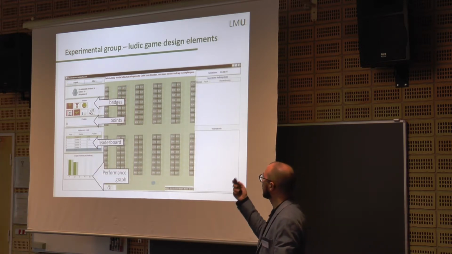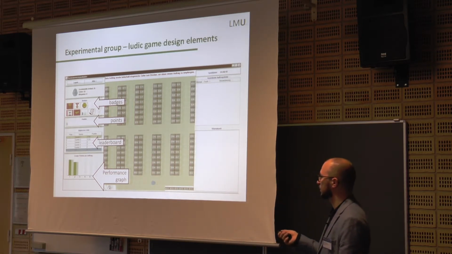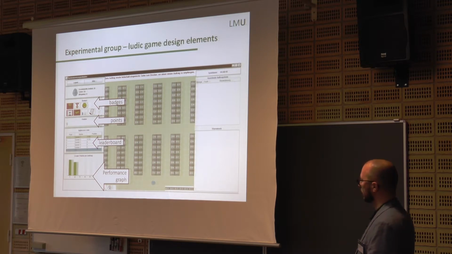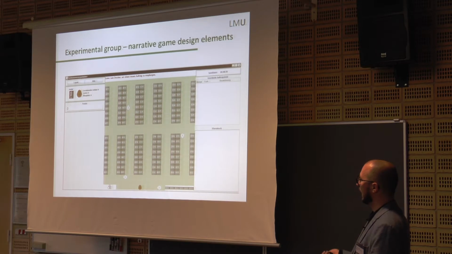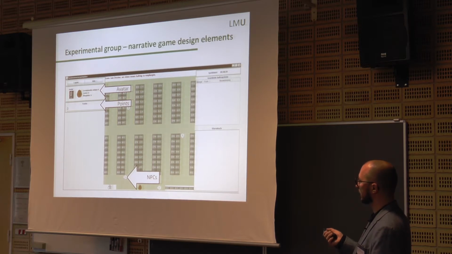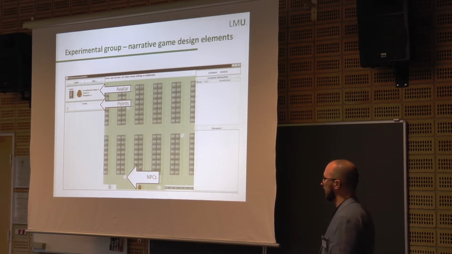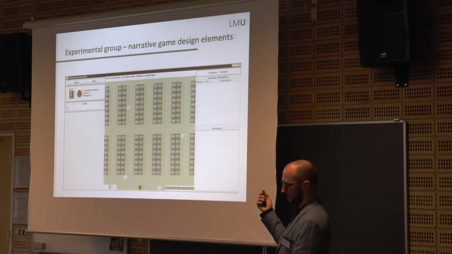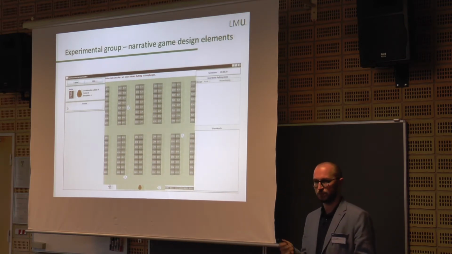Here you have the group of ludic game design elements with badges, points, leaderboards, and performance graph switched on. And the narrative group had an avatar system to choose from, had non-player characters involved in this application as well, and they got a story framework at the beginning.